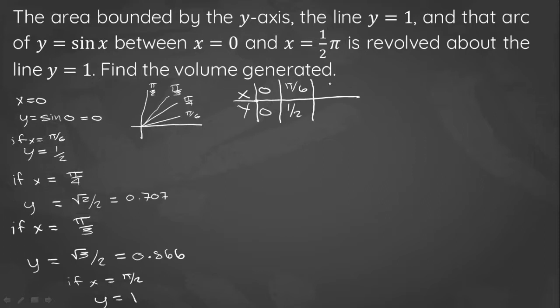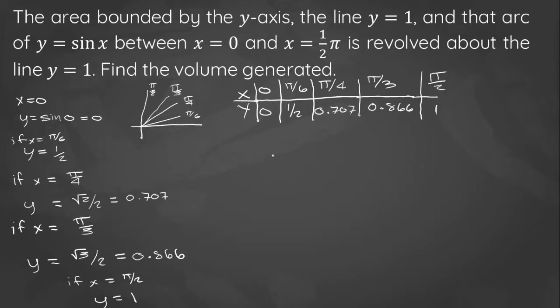And if x is equal to pi over 4, y is approximately equal to 0.707. Now, if x is equal to pi over 3, it is approximately equal to 0.866. And lastly, if x is equal to pi over 2, then y is equal to 1.